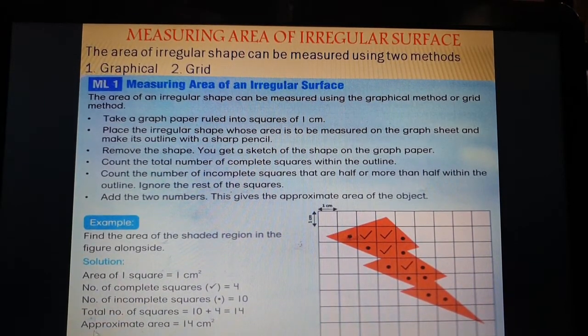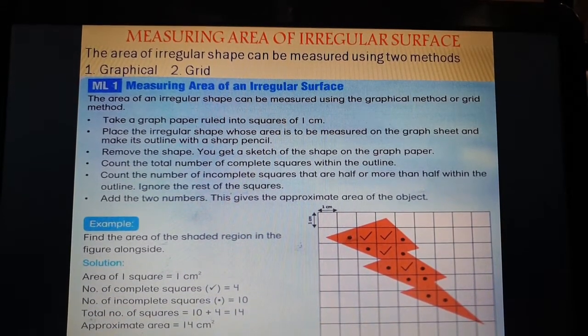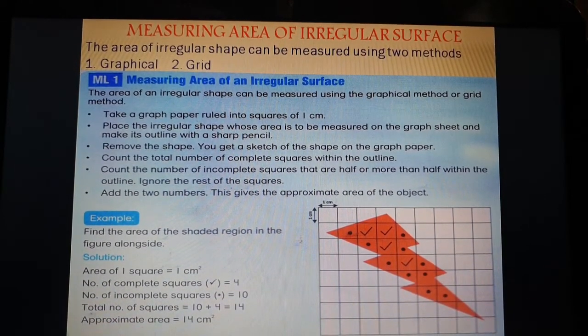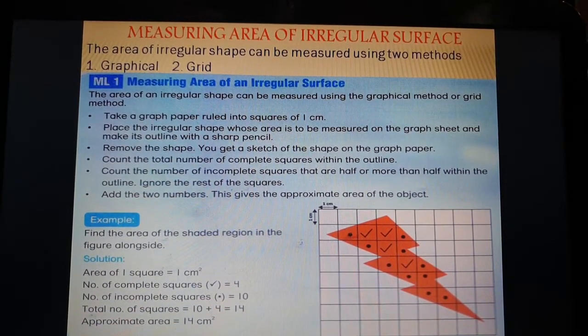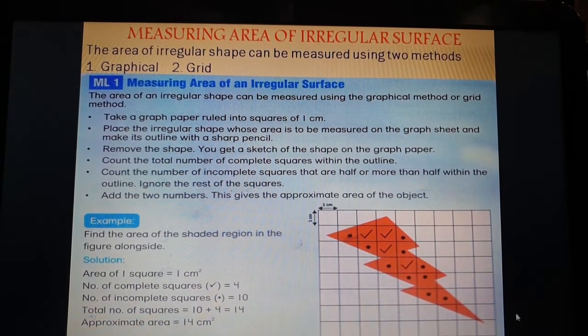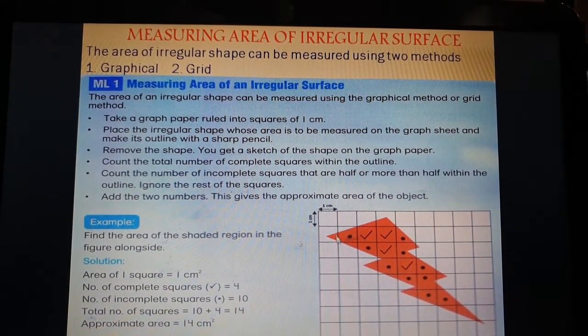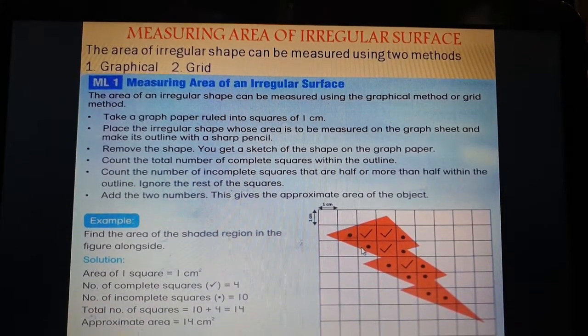We have named it as approximate, not exact. So we call it the approximate area, which is equal to 14 centimeters square. This is how you need to calculate the area of an irregular surface by the graphical method.